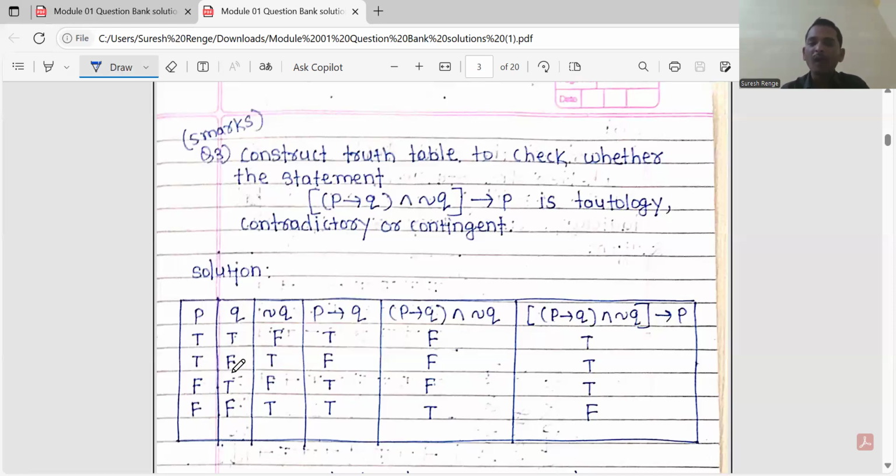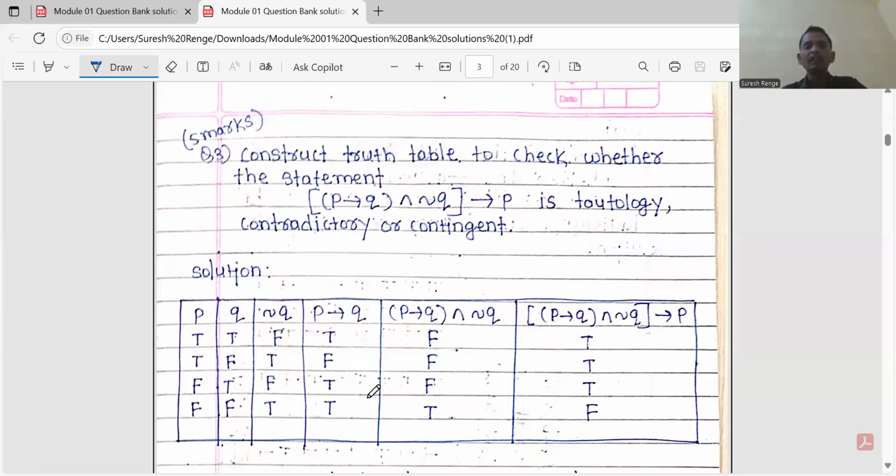Otherwise, the result is true. So true implies true is true, true implies false is false, false implies true is true, and false implies false is true.